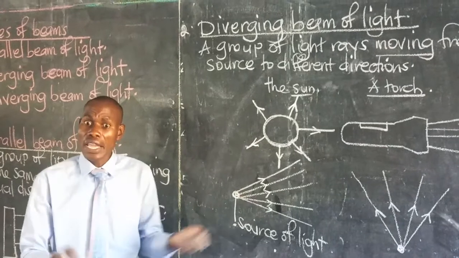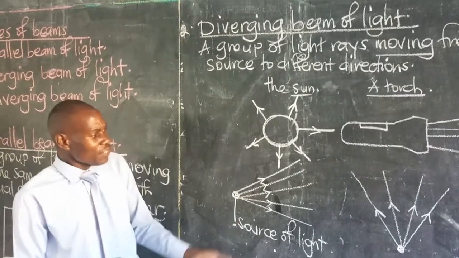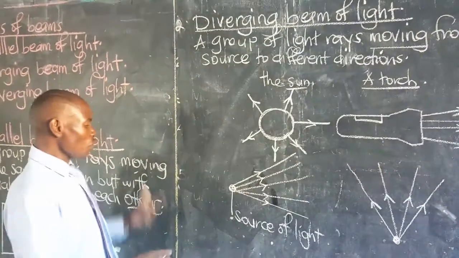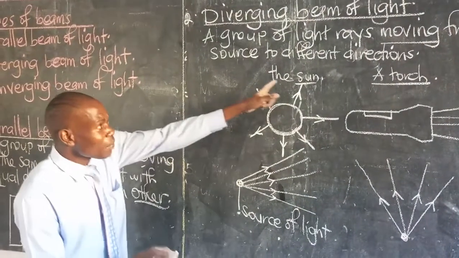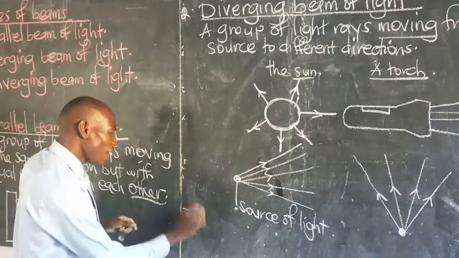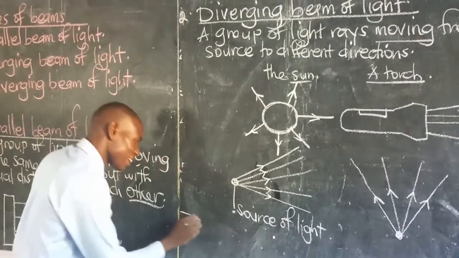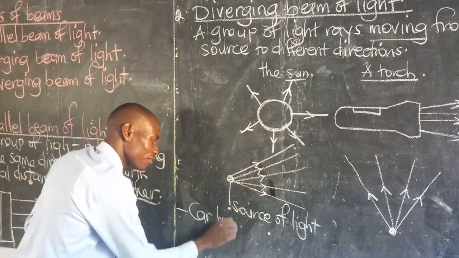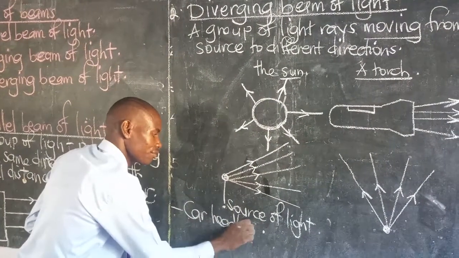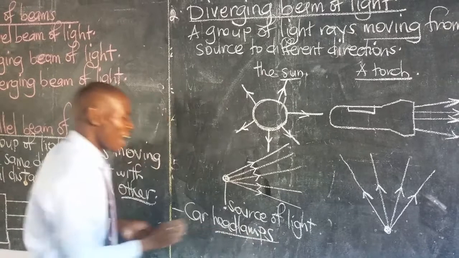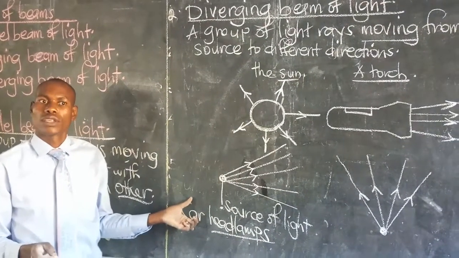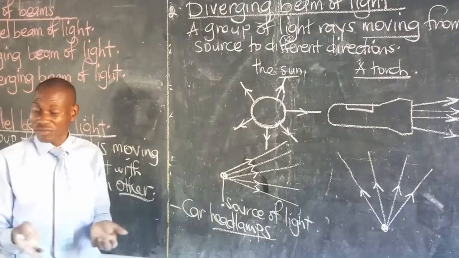The answer is yes, they are there. Apart from the sun and the torch, we also have other devices like car headlamps. Most of you have vehicles at home.